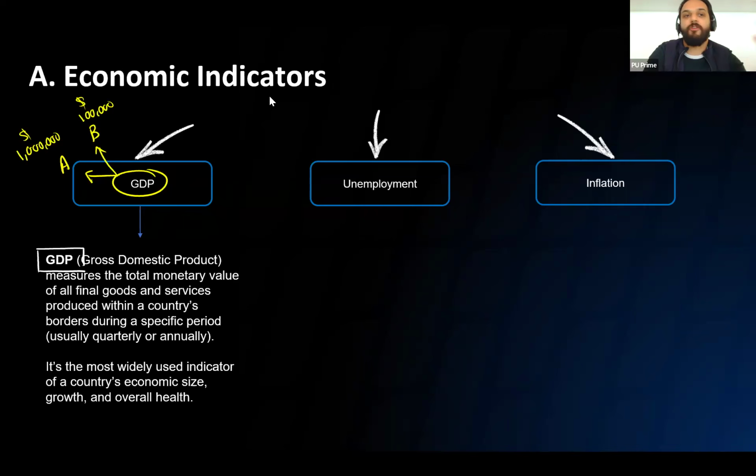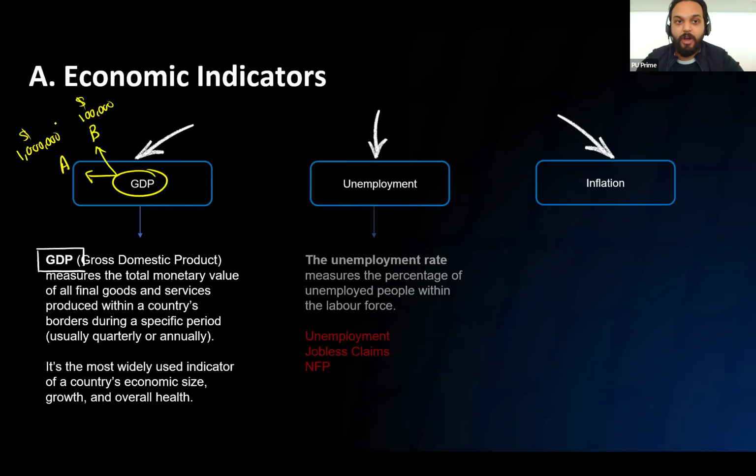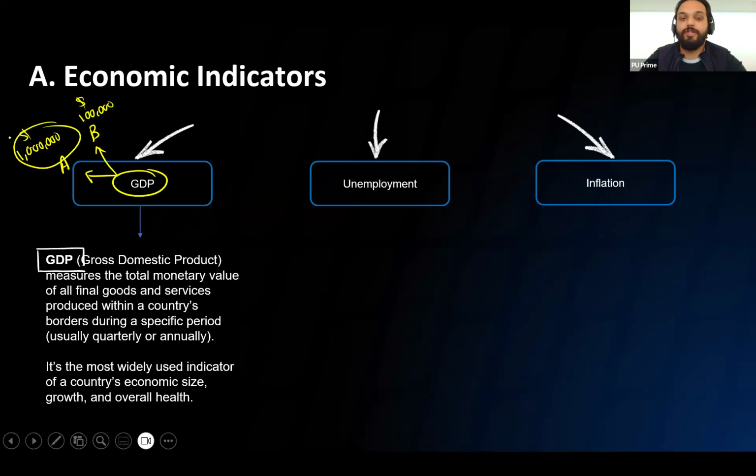Of course, country A, right? Because country A has produced more, right? So producing more means that there is more demand, right? If you are producing more, it means that we are supplying more. Supplying more means there's a lot of demand and people would like to consume more, right? Good. So if I just looked at the country GDP, which country do you think has a better or stronger currency, A or B?